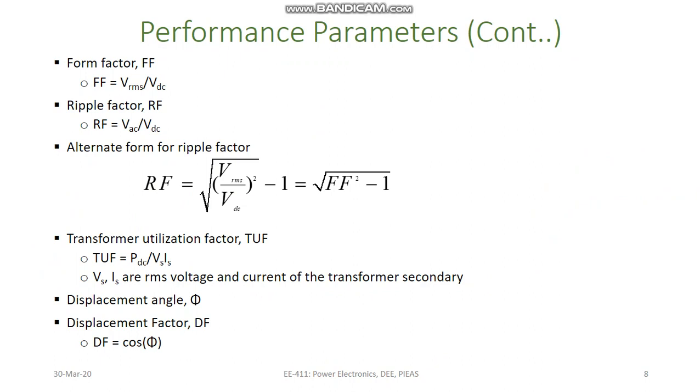Now the next parameter on the basis of which we can judge our performance is form factor. Form factor is defined as VRMS divided by VDC. The form factor is a measure of the shape of the output voltage, that is, how perfect our output waveform is.